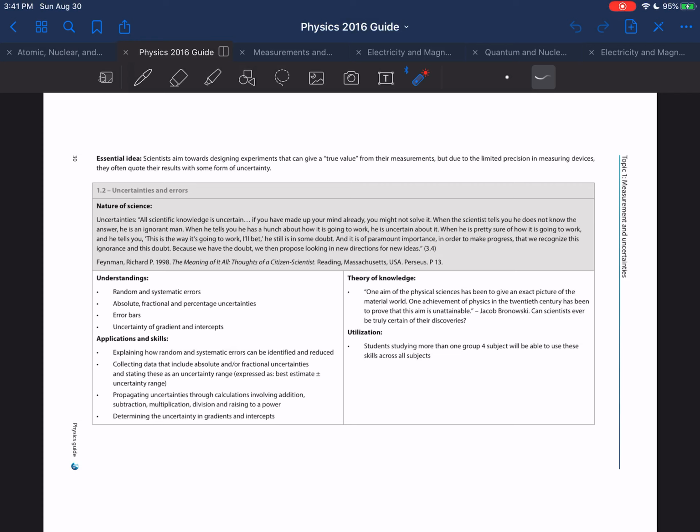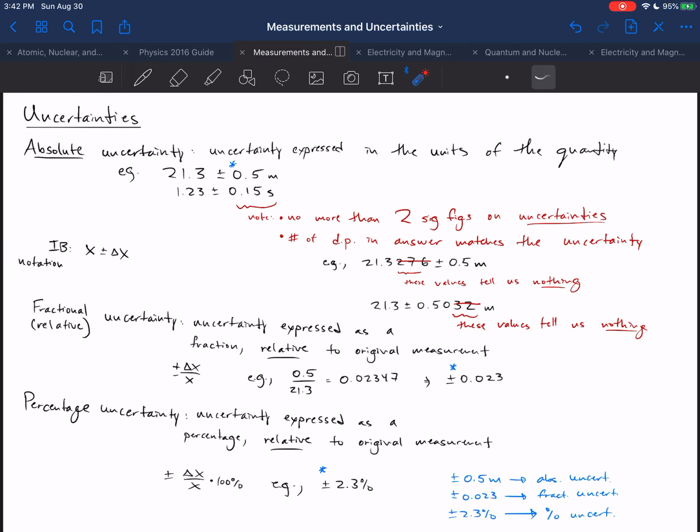Hello everyone. In this video, we will continue to examine topic 1.2, uncertainties and errors, and in particular, we will continue to unpack the absolute, fractional, and percentage uncertainty representations. All right, in the last video, we described the absolute uncertainty as being sort of the default way of representing an uncertainty.